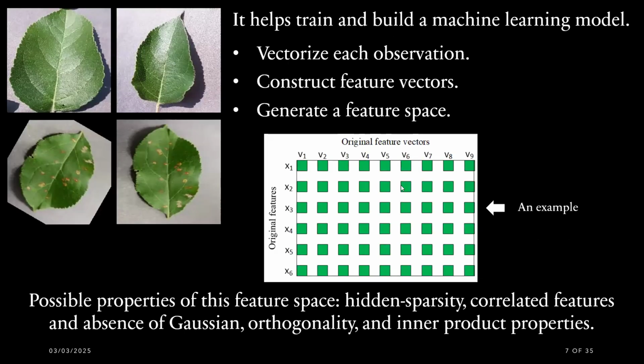Just to simplify, we can see the two-dimensional features here, but we really need to construct the feature space. How do you construct the feature space? The best way is to flatten each one of them. This is a 128 by 128 image. If you flatten it, it's going to be 16,384 features, right?